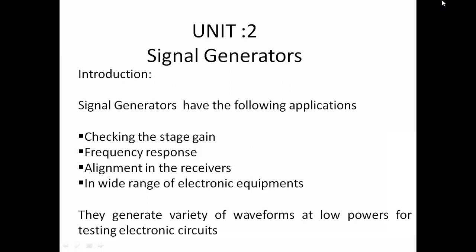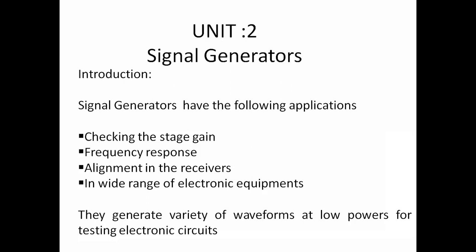In a given circuit diagram, we have to check the gain and know the frequency response of the different stages. In electronic circuitry or on a PCB, we have different types of circuits depending upon the application, and we have to obtain the response.